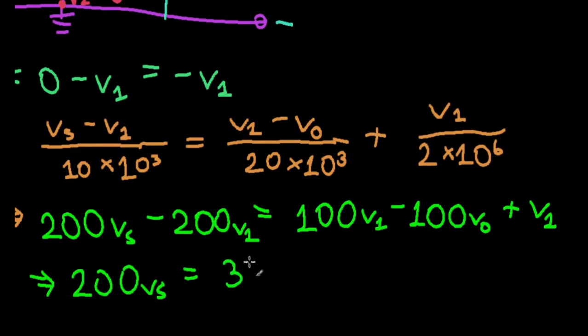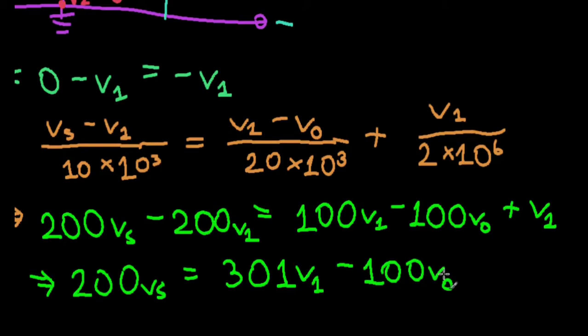So we have 300. Actually, there is another V1 here, so 1 V1. So 301 V1, and minus 100 V naught, right? There's no other V naughts.